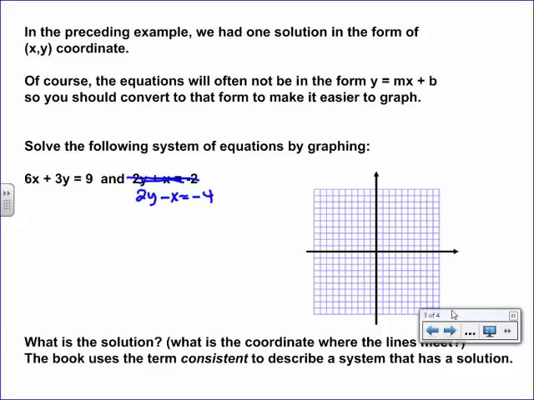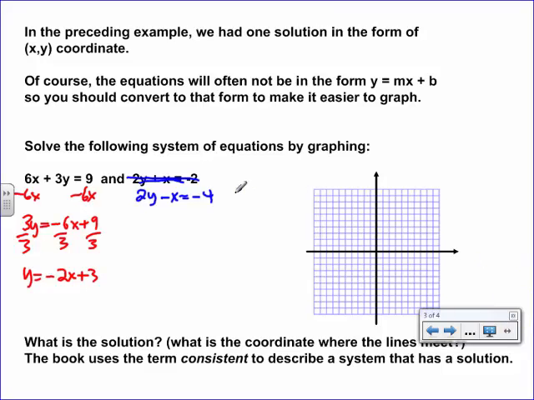So in the first equation, subtract 6x, and divide by 3, and you have y equals -2x plus 3.